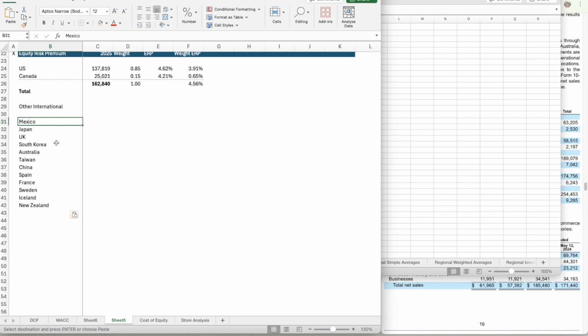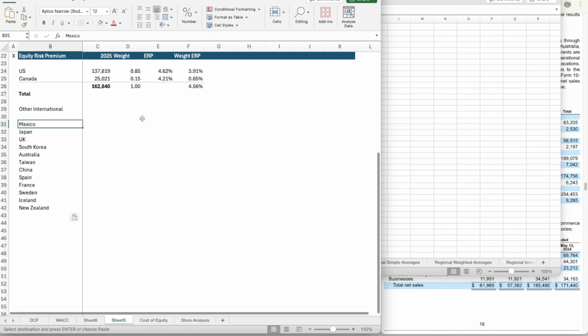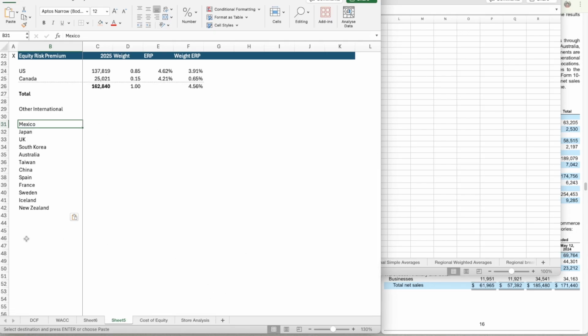We've got Mexico, Japan, UK, South Korea, Australia, Taiwan, China, Spain, France, Sweden, Iceland, and New Zealand. And we're going to do exactly the same. We're going to go through the spreadsheet, work out what the country risk premium is, work out what ratio each country is relative to that revenue, and then we can add it all together and get one big risk premium.